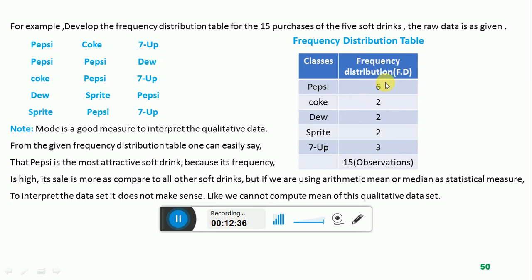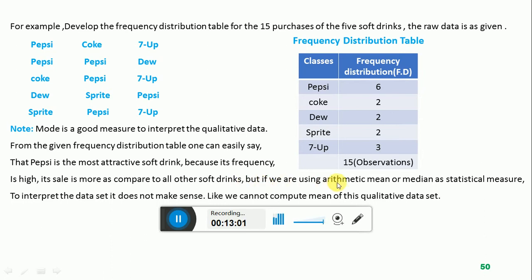The people like Pepsi. People mostly purchase Pepsi. So from the given frequency distribution table, one can easily say that Pepsi is the most attractive soft drink because its frequency is high, its sale is more as compared to all other soft drinks.